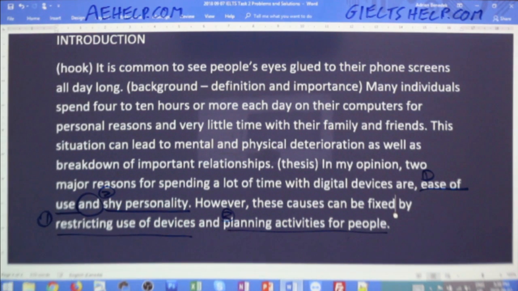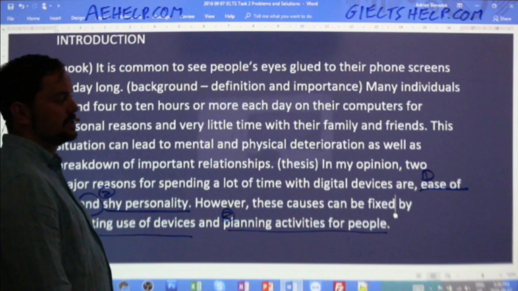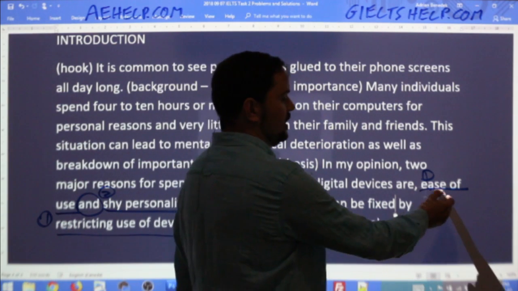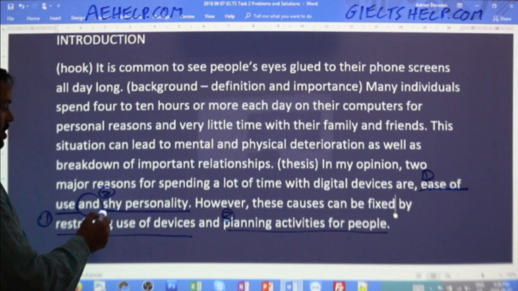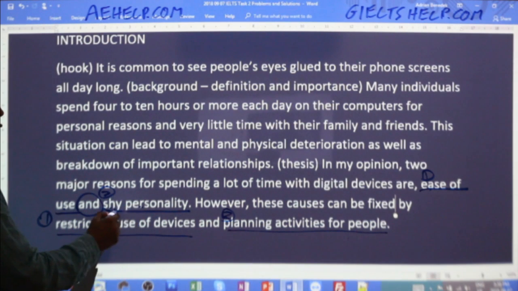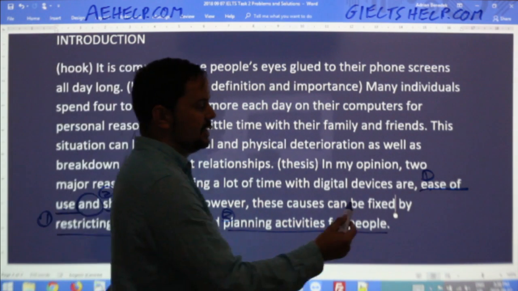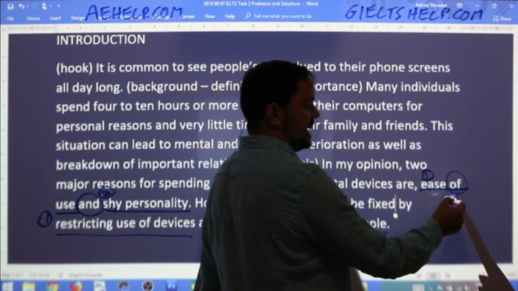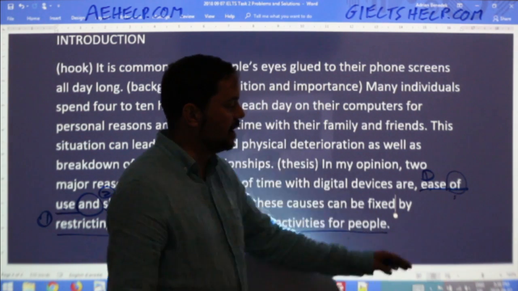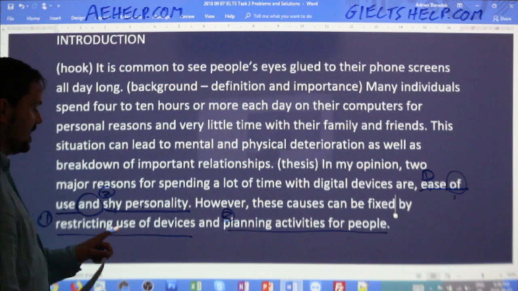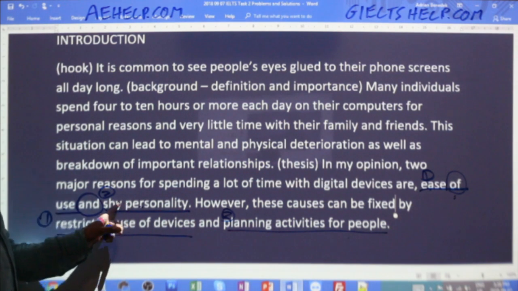The clear mistake, if you're paying attention, is the parallel grammar form. So ease of use, shy personality is not parallel grammar. I can quickly see that just simply from the fact that I have a preposition here. I have of here, and I don't have any preposition for shy personality.